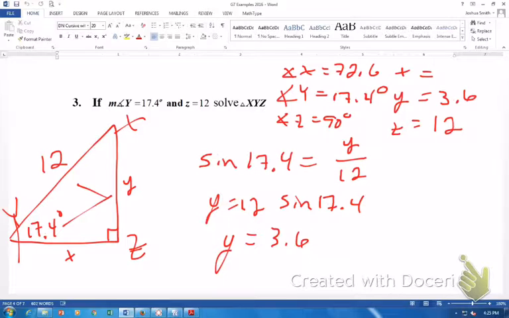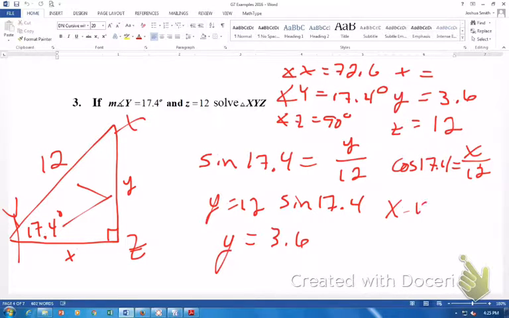Now to find x, we're going to do the same thing, only now x is the adjacent side to the hypotenuse, so that's cosine. So cosine of 17.4 is equal to x over 12.